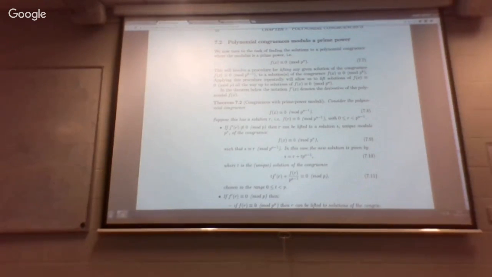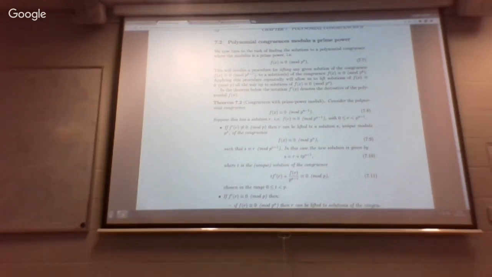And what we're going to do is, if we want to solve this general polynomial congruence, f of x congruent to 0 modulo n, we're going to solve each congruence here, where we're looking at f of x congruent to 0 modulo p_i to the power alpha_i.